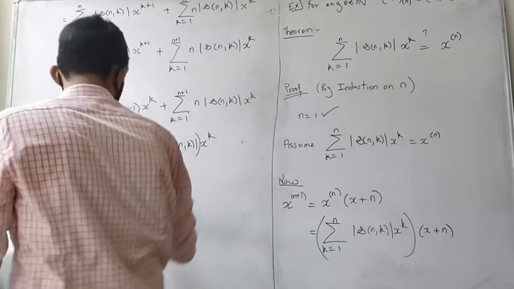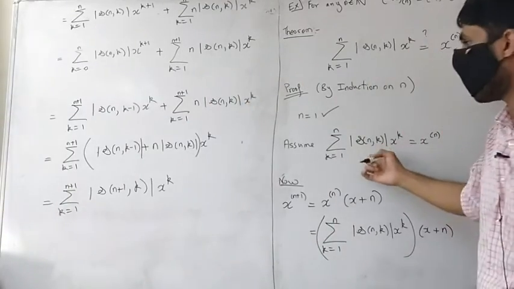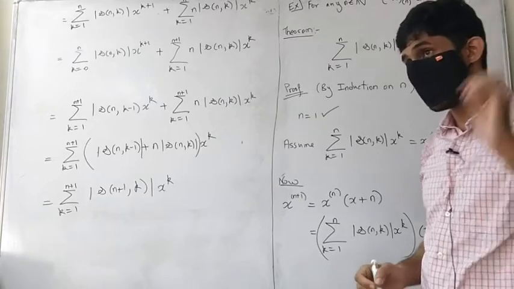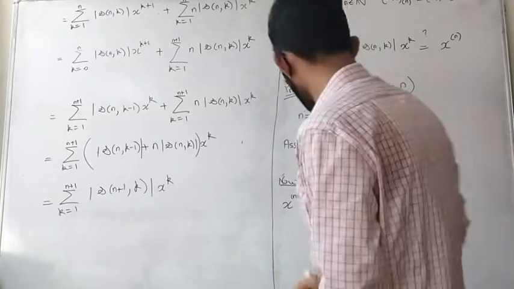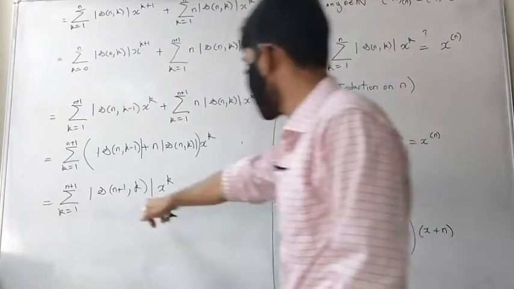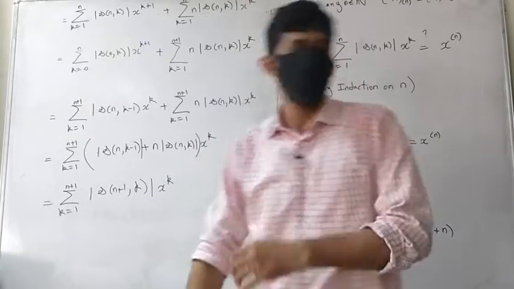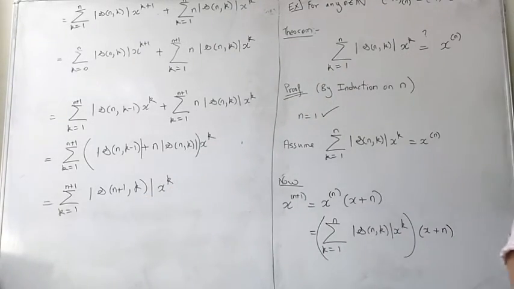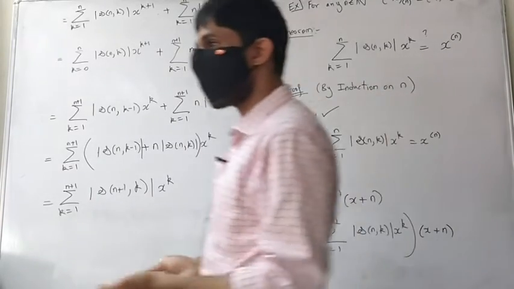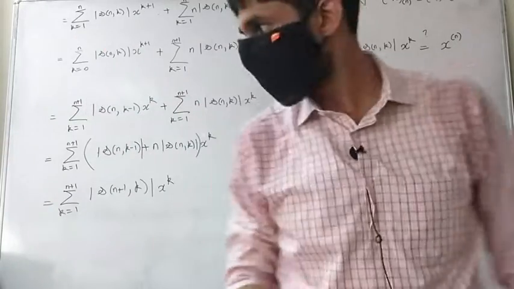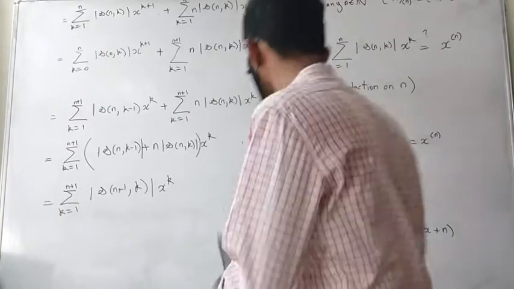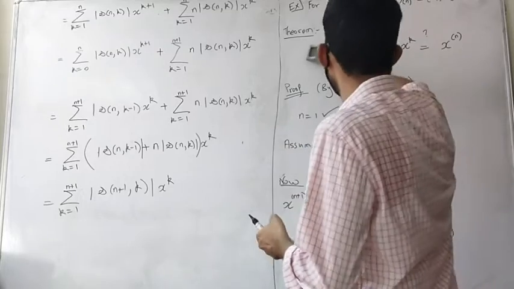What is this? This is exactly what we want on the left hand side. So what we have done is, we have shown this for x n plus 1. Okay, so this gives us a generating function for the unsigned Stirling number, and from here we can pull off a generating function for the signed Stirling number, because why not, right?